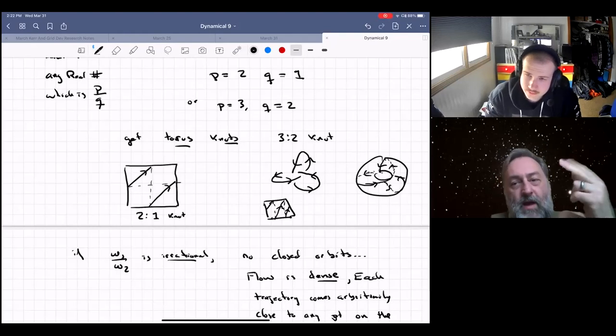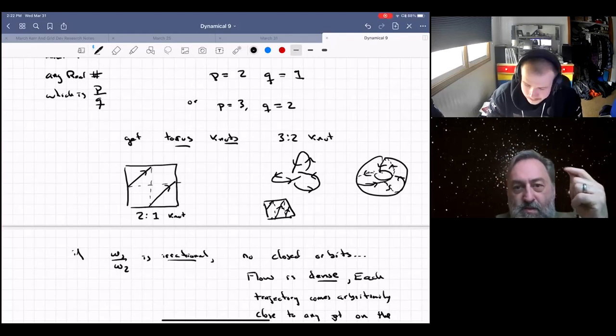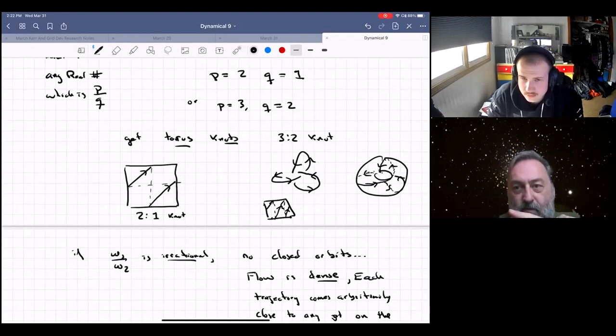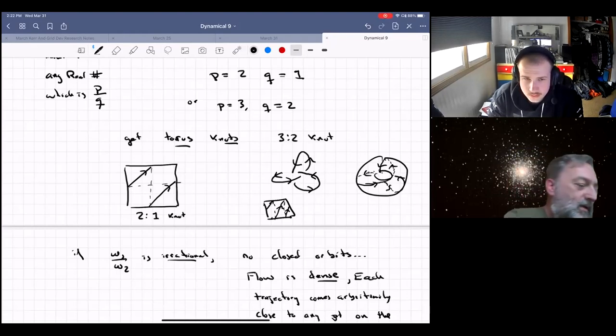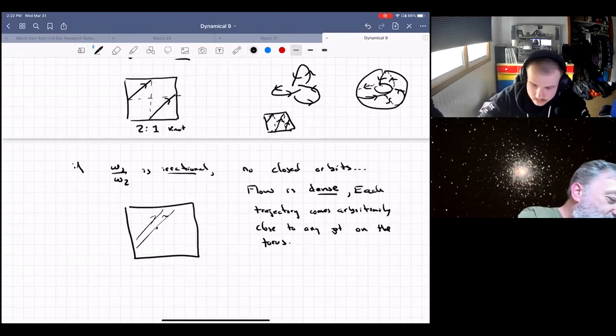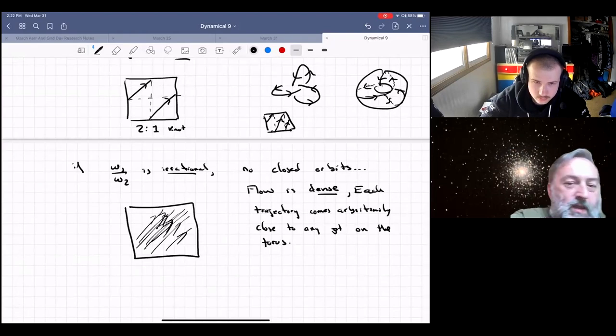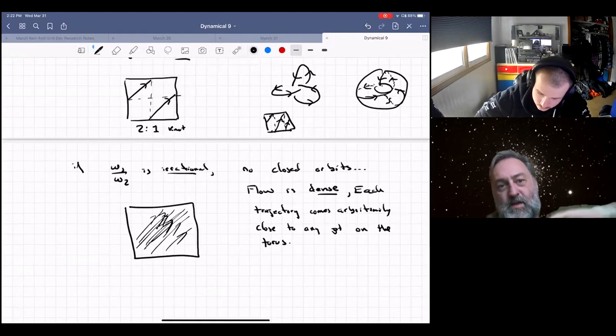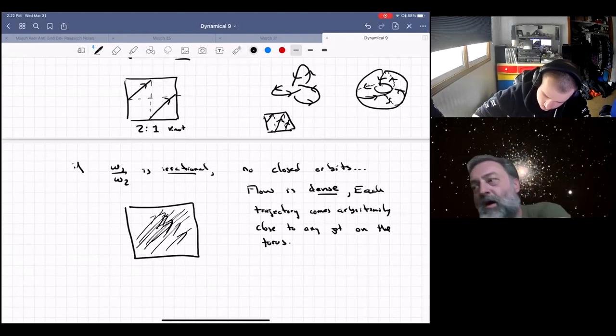So if we have these rational numbers, no matter what the ratios are, there's always space between all of these lines. If the ratios are irrational, any point that you pick, it's going to basically fill the whole block. It's never going to repeat. It's just going to fill the whole block.